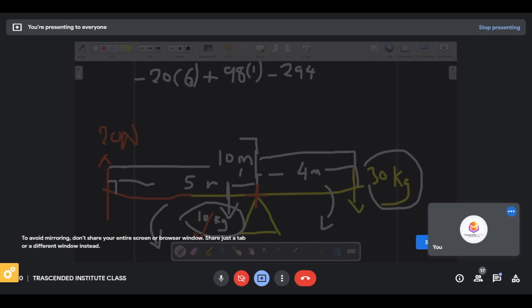How far is it from the pivot? 4 meters. So that's basically the way you identify the torques.